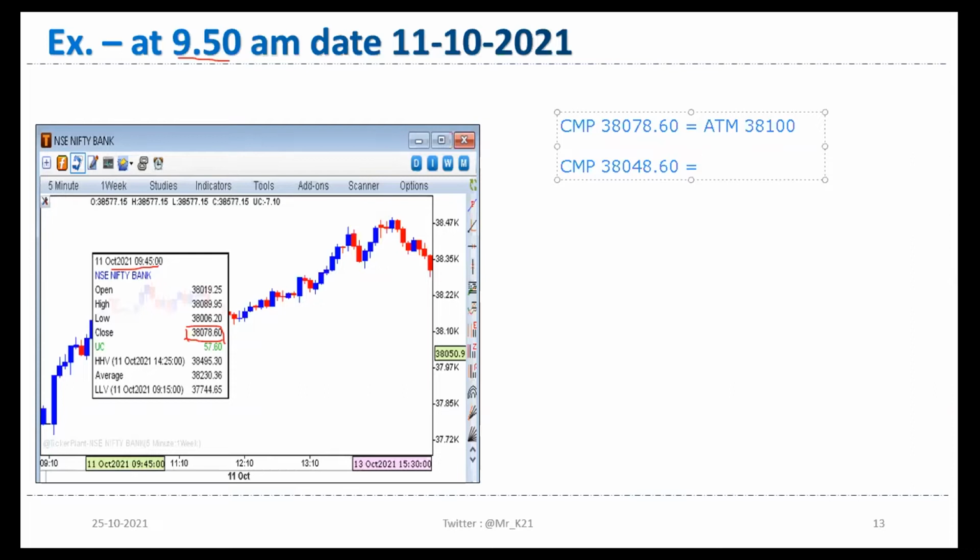If my CMP is 38,048, correct, in this case my ATM would be 38,000. Clear? I hope it is clear now. In Bank Nifty, there are no 50 multiples. It is 100 only.